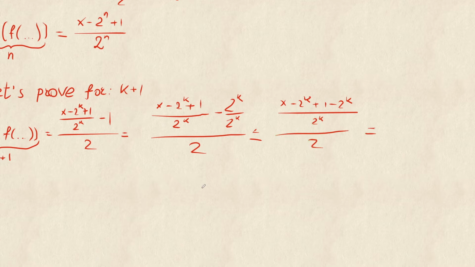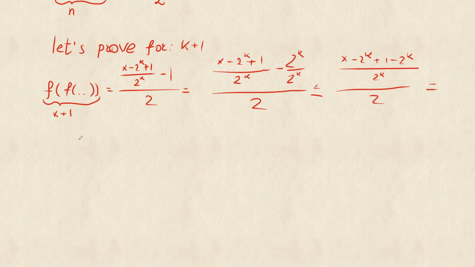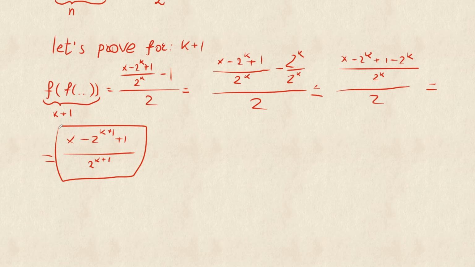Now the last step is just to combine like terms and do the division. We'll get (x - 2^(k+1) + 1), and everything divided by 2^(k+1). So as you can see, this expression is true for the nth and for k plus 1 terms.